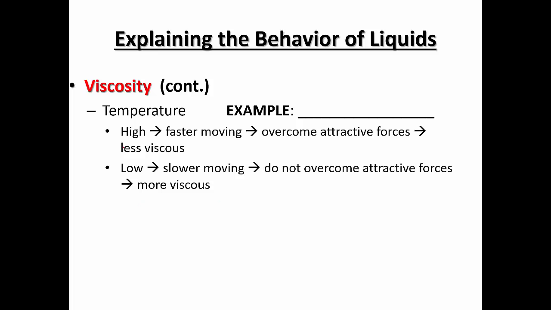Temperature-wise, at high temperatures, particles are moving faster, they overcome those attractive forces, and are less viscous. At low temperatures, they're slower moving, don't overcome those attractive forces, and are more viscous. An example could be hot nacho cheese versus cold nacho cheese.